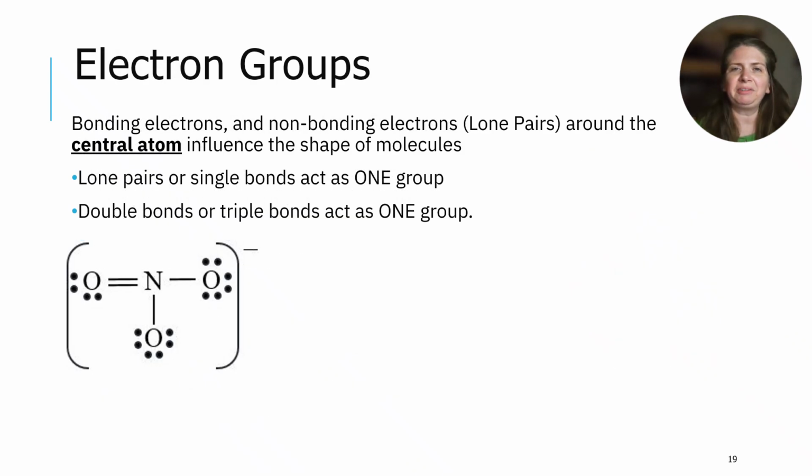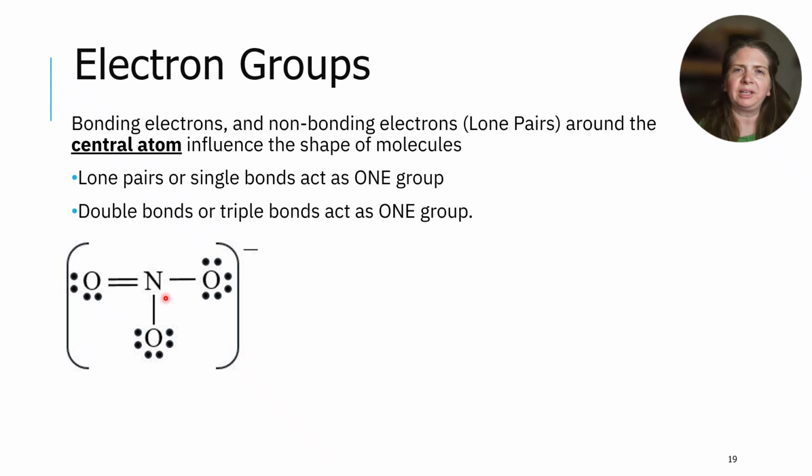The geometry of a molecule is determined by the number of electron groups around the central atom. Electron groups include both bonding electrons and non-bonding electrons. A single bond counts as one electron group. Although double bonds and triple bonds contain multiple pairs of electrons, each multiple bond counts as only one electron group.